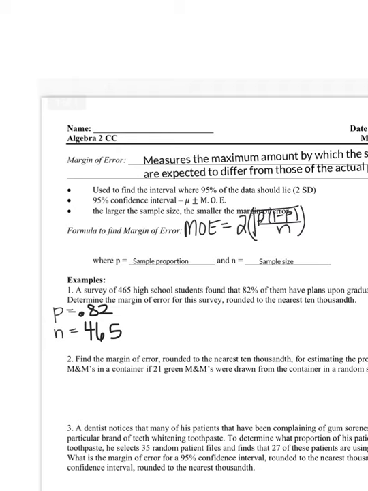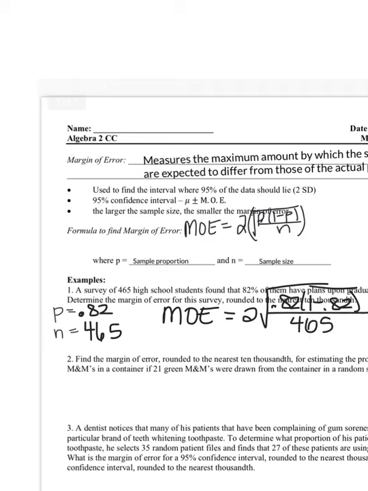Determine the margin of error for this survey. So you have your MO equals 2 times the square root of 0.82 times 1 minus 0.82, divided by n, which is 465. Just type this entire thing right into your calculator how you see it. Use that alpha y equals button.